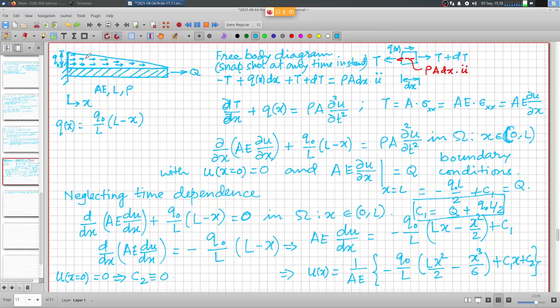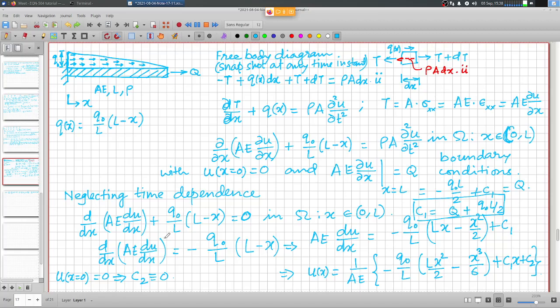If q of x was varying parabolically, then u would vary to the fourth degree. Had the q variation been quadratic, varying with respect to x raised to the power 2, then the displacement would vary as x raised to the power 4. So whatever the variation of q, u is accordingly defined by the governing differential equation.